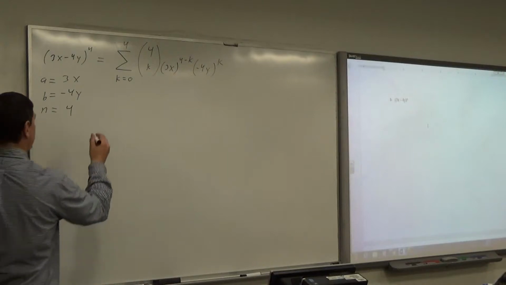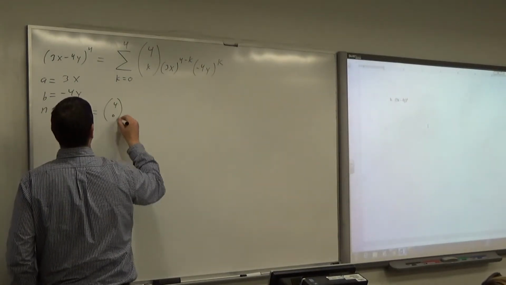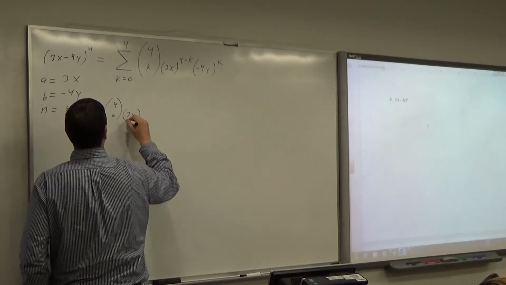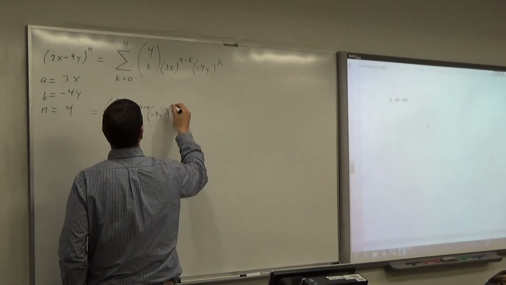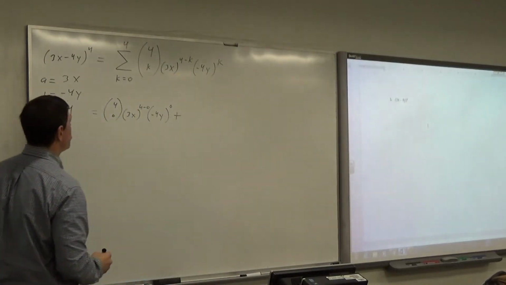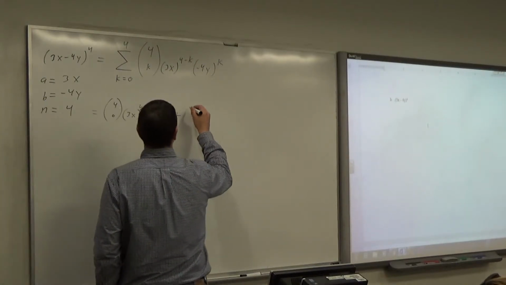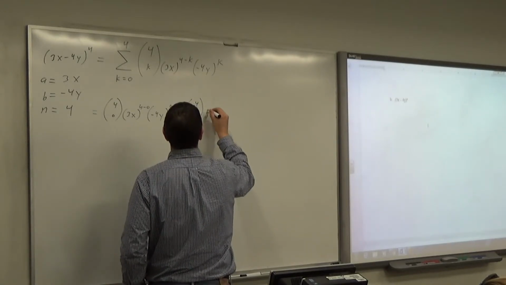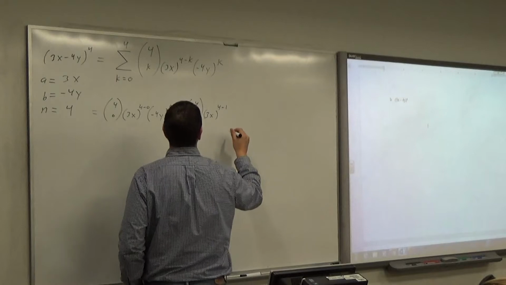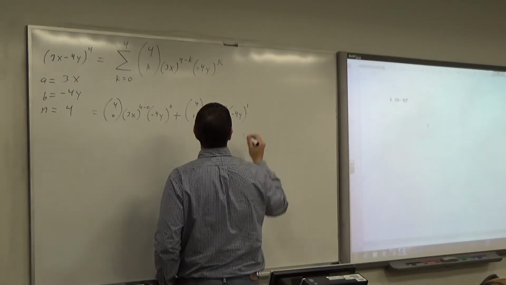By expansion, 4 choose 0, 3x to the 4 minus 0, negative 4y to the 0. All I did there, guys, was make k equal to 0. Now I'm going to make k equal to 1. So we have 4 choose 1, 3x to the 4 minus 1, negative 4y to the first.